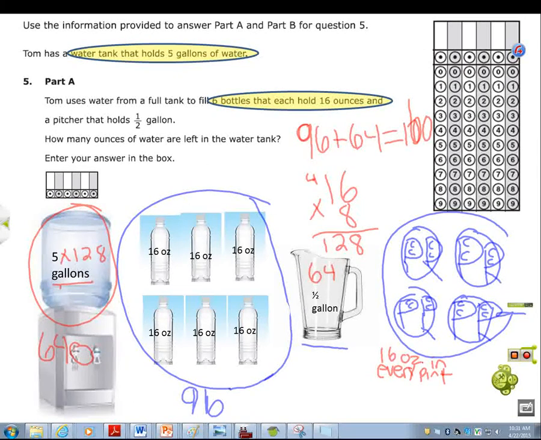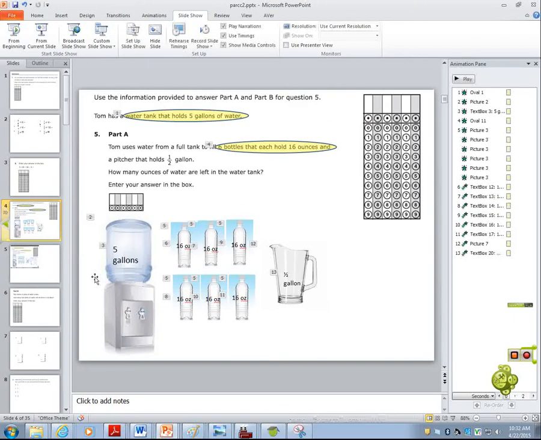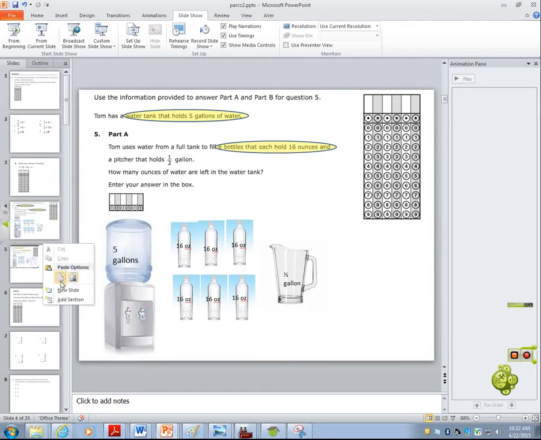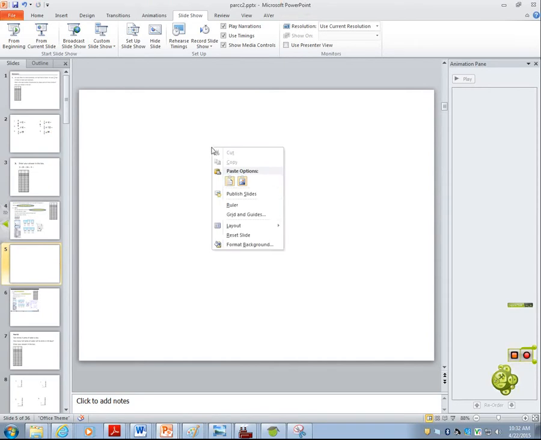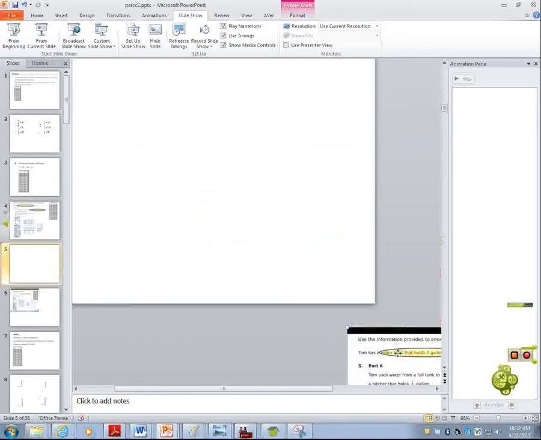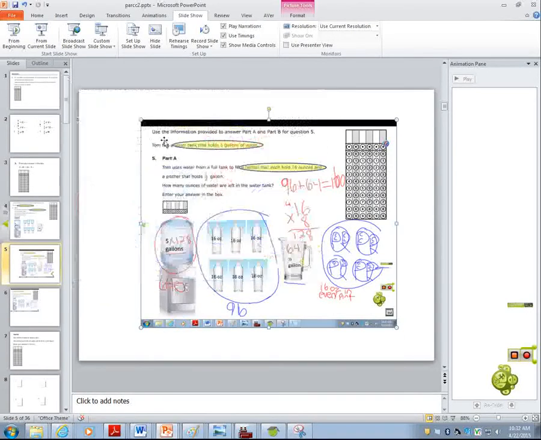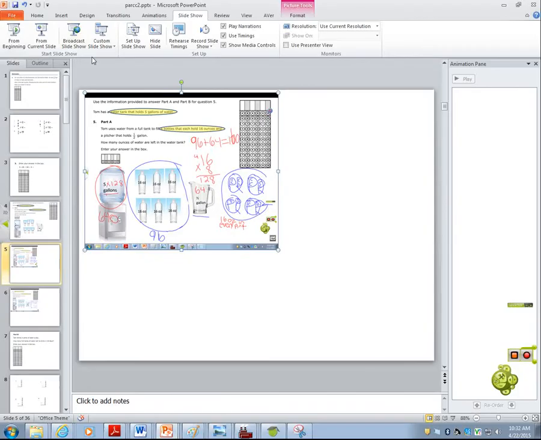Subtract that from 640. 640 minus 160. Yeah, that's what we're doing.